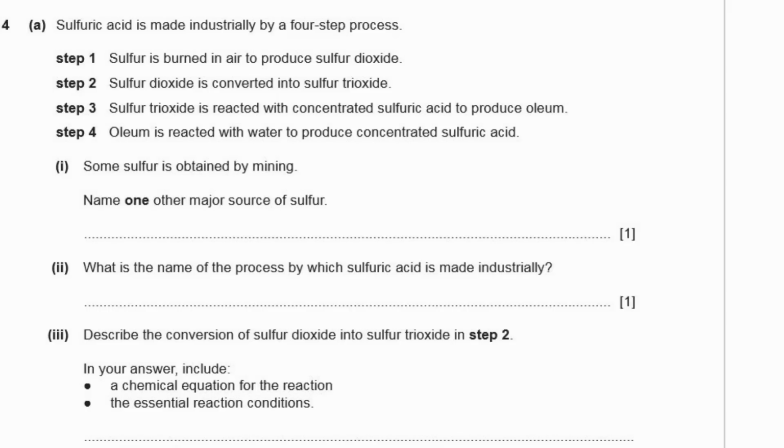And oleum is reacted with water to produce concentrated sulfuric acid. All right. 1. Some sulfur is obtained by mining, and name one other major source of sulfur. Okay, one other major source, fossil fuels. Okay. 2. What is the name of the process by which sulfuric acid is made industrially? And that is called the contact process.